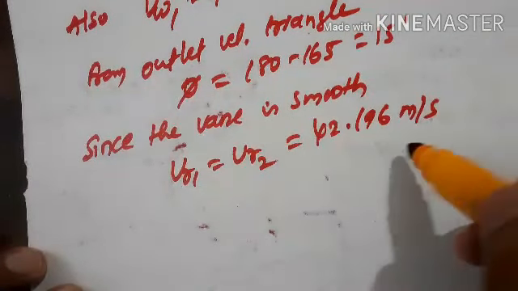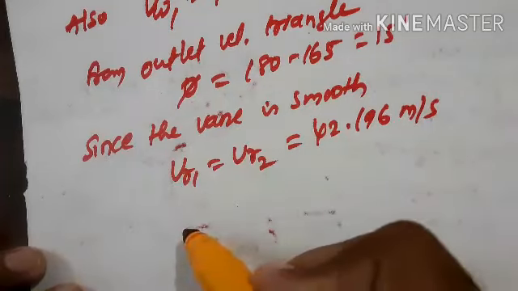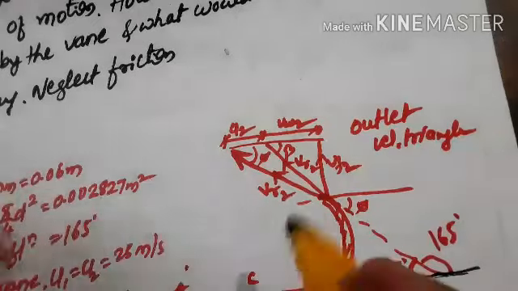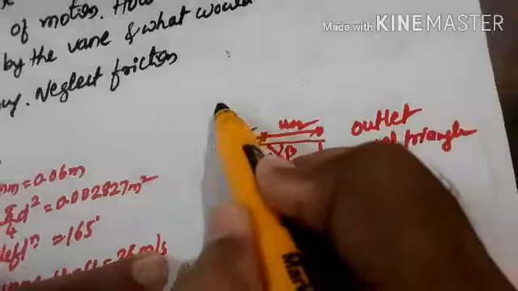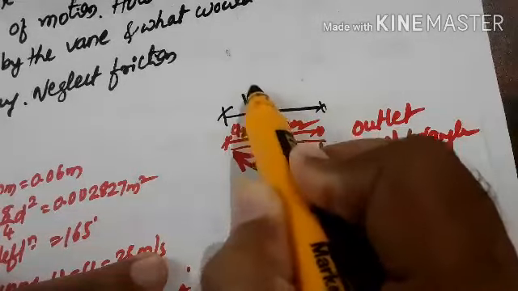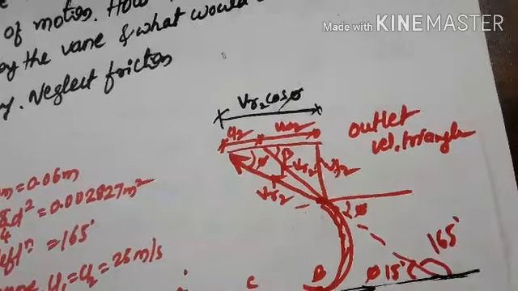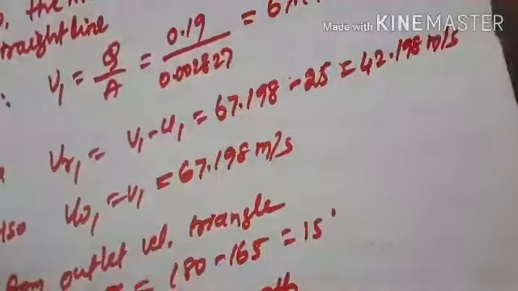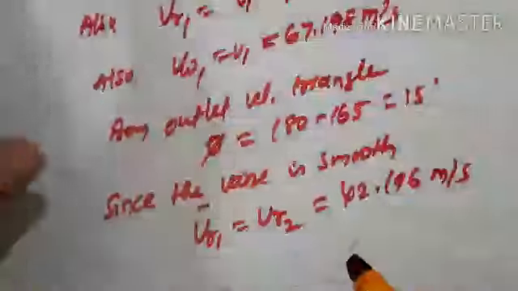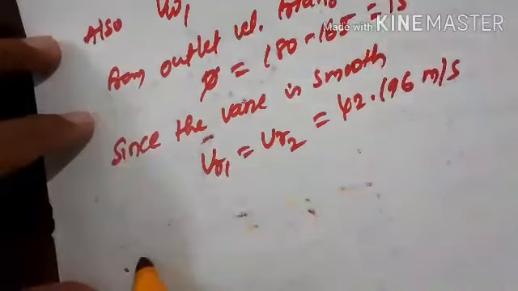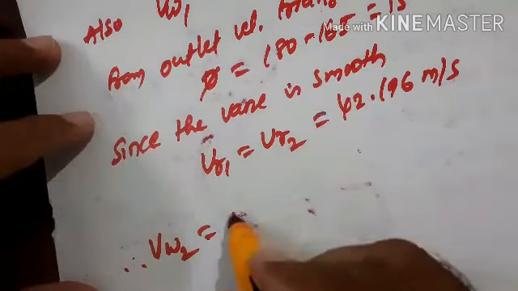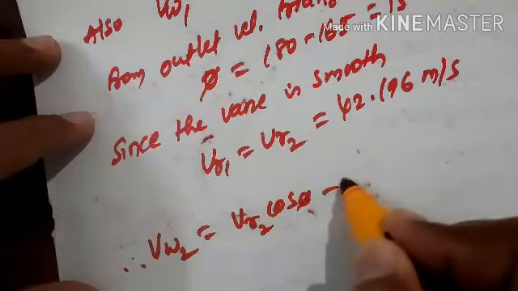Therefore, from the outlet velocity triangle, this is U2 and this is VW2, and this is VR2 cos phi. So VW2 will be VR2 cos phi minus U2.